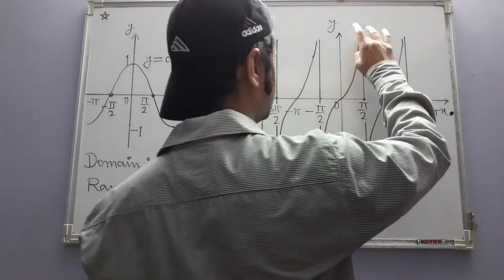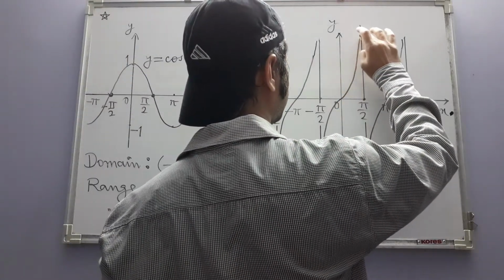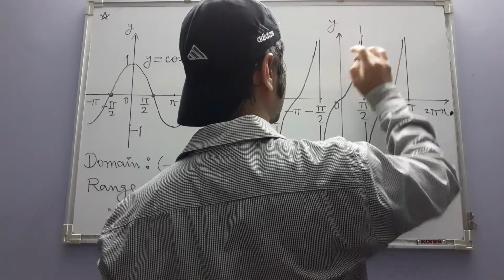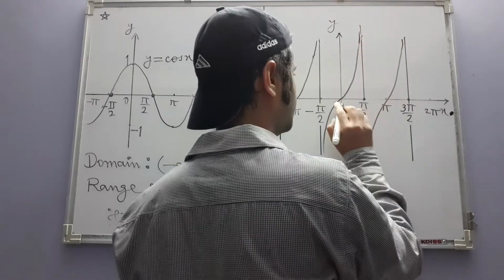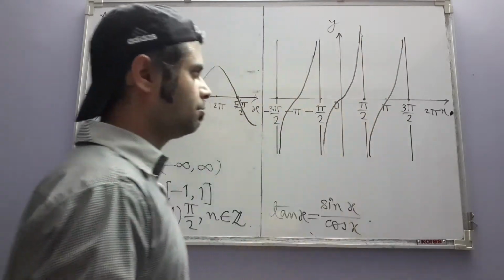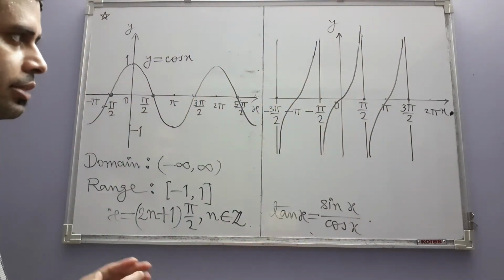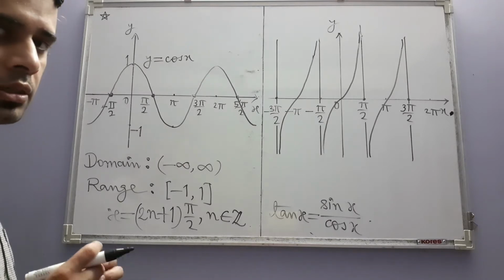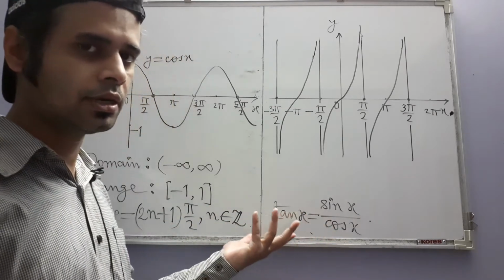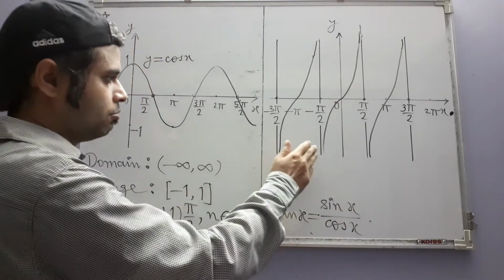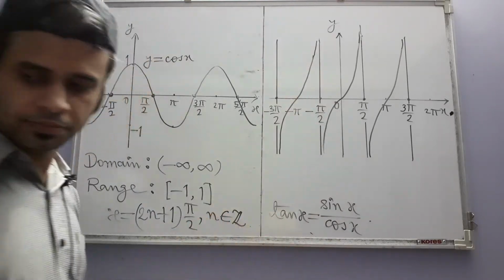So that's why this does not touch the line, never. It gets closer and closer to the line as your input gets closer and closer to pi by 2. So let's now try to see from the definition of tan x, or simply from this relationship itself, why this behavior.